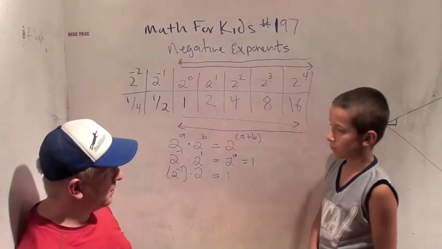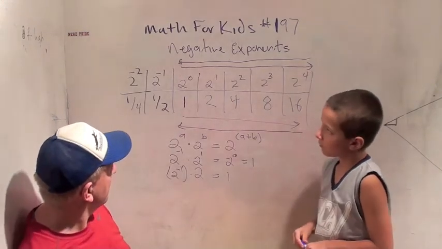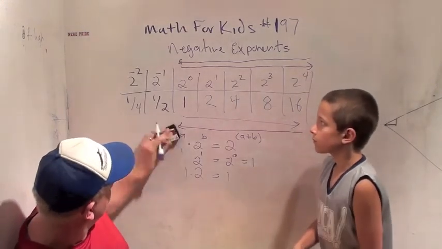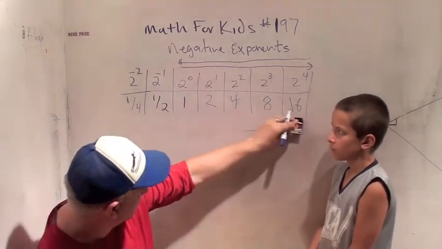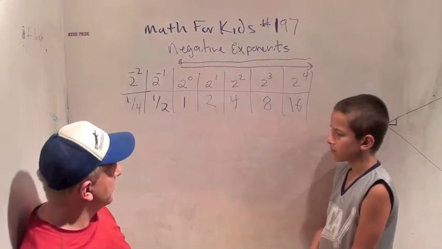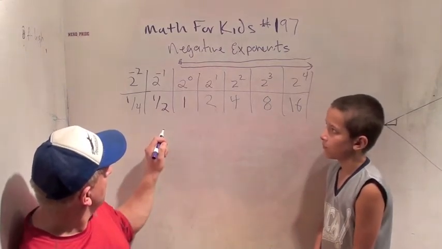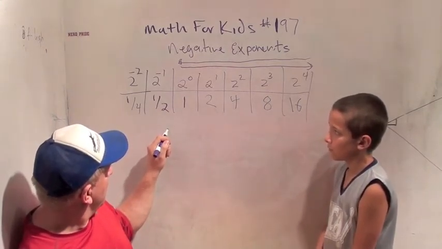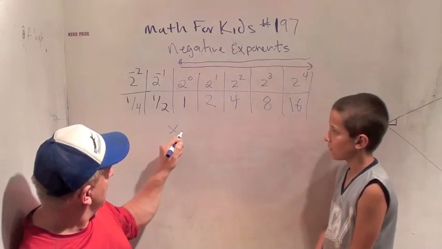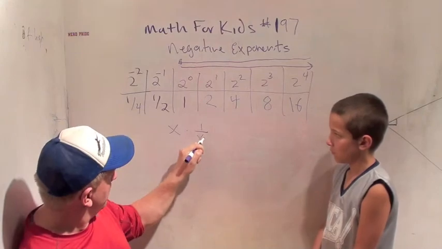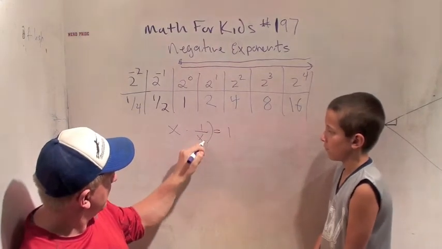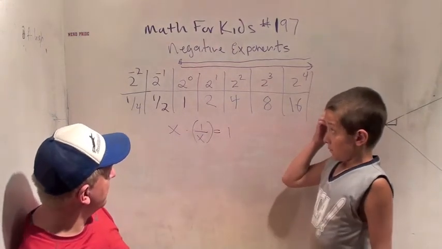So that starts to look pretty interesting. The minus 1 power has a special name. Do you remember what it's called? It's the reciprocal. A number times 1 over that number equals 1. This number is called the reciprocal. The minus 1 power is the reciprocal.